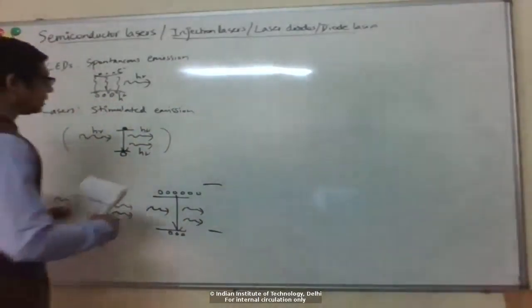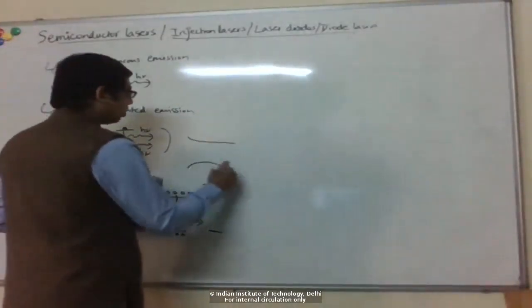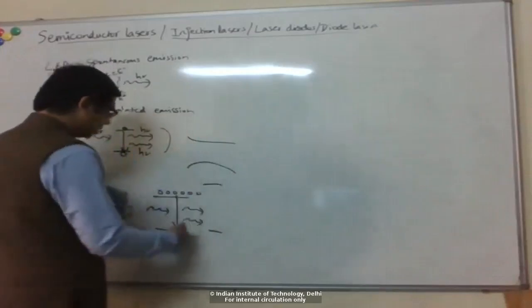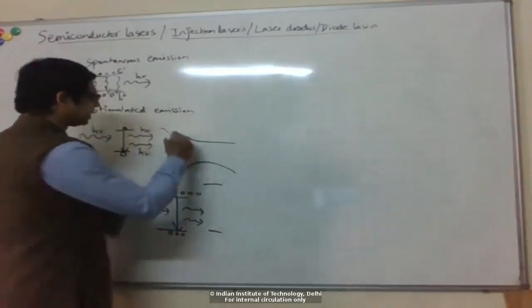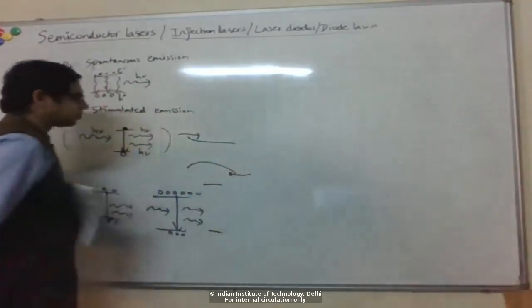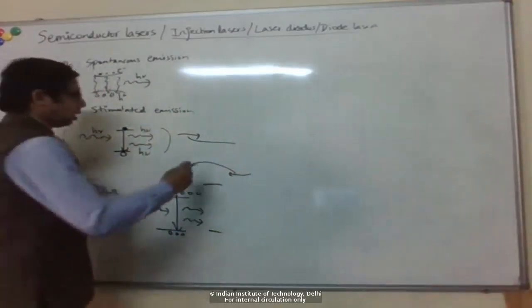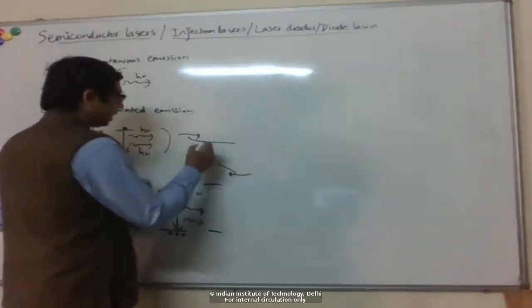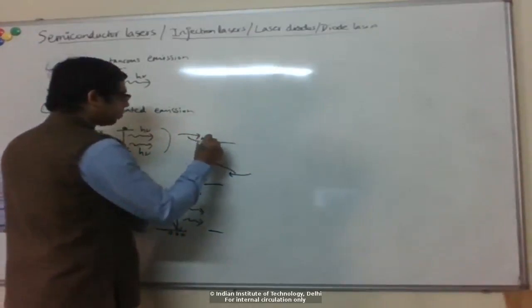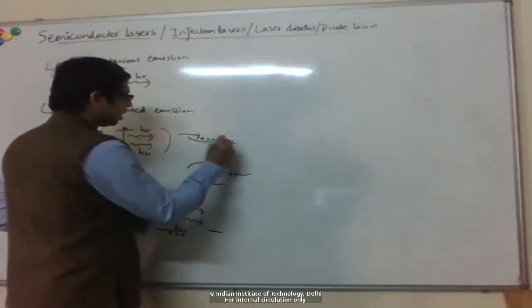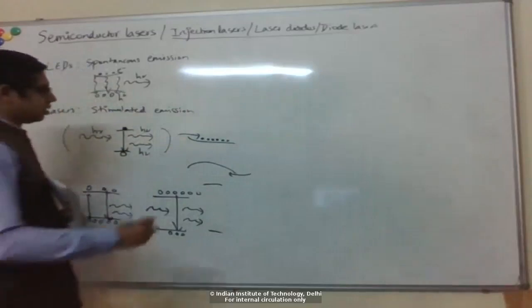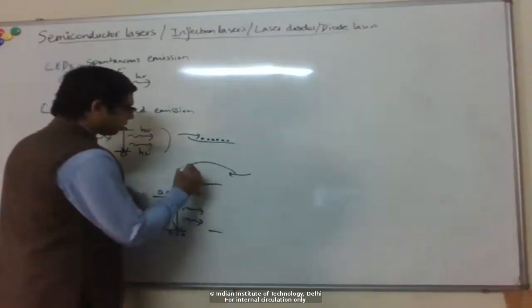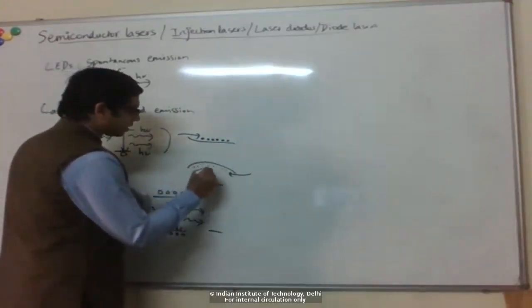In semiconductor lasers, how we get this population in the ground and excited state is just by current injection, right? So the emission probability here will depend on the number of electrons here, versus the absorption, which will depend on the number of electrons here in the valence band, right?